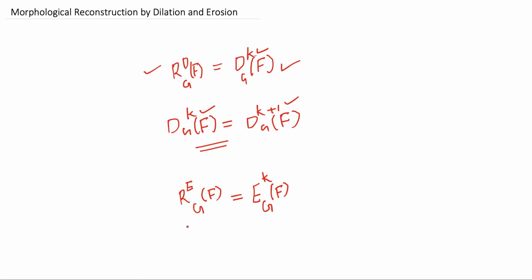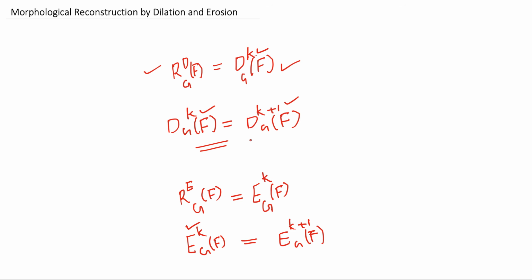Now what is the value of k? If you perform this operation k times, and if you perform it for k plus 1 times, and both results are the same, then you can stop at that point. Then you will take this k as the value of k in this equation.